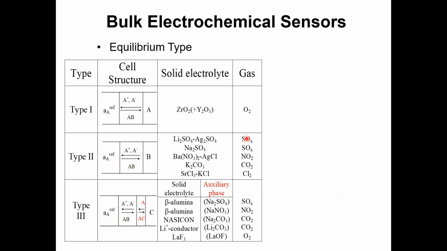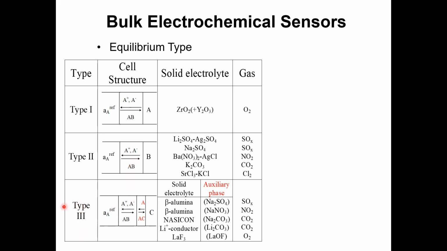When you change the SOx, sulfur dioxide environment, it chemically interacts with this B species in the electrolyte and changes the activity on that side. So with respect to the fixed reference, you detect the measuring environment by this indirect coupling.